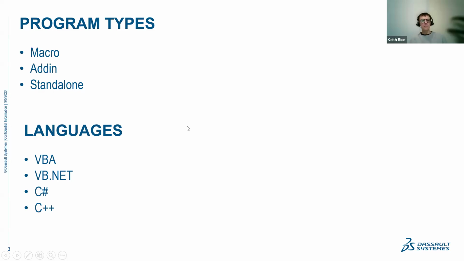So, all right, program types. First of all, most of you probably know that the three available are macro, add-in, standalone, and then the languages available are VBA, VB.NET, C#, C++, and VB.NET and C# are both considered .NET languages.